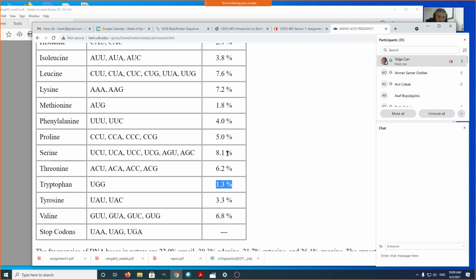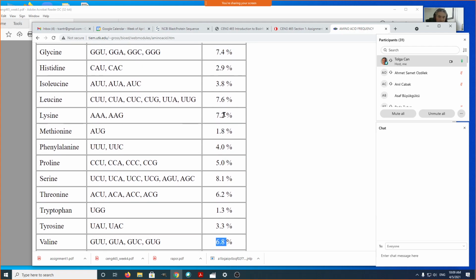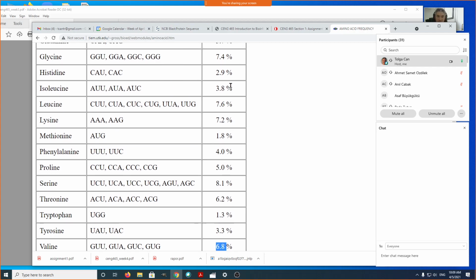Look at the difference, almost 8 times less frequently observed. Serine is more frequently observed than tryptophan. Valine is also larger than 5%. Some of them are above the equal frequency of 5%, and some are below.